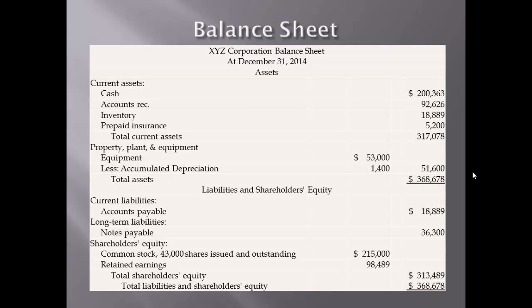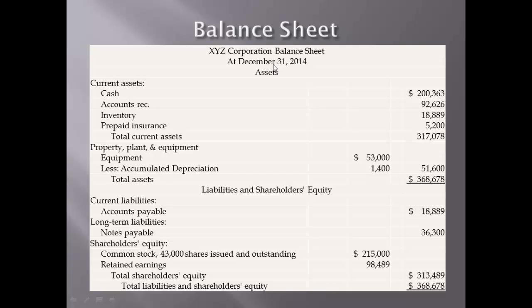Now let's look at the balance sheet. The balance sheet reports the balances of assets, liabilities, and shareholders' equity at a specified date, which is the end of the specified period.